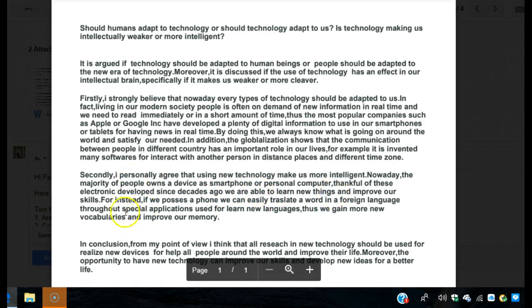"For example, or for instance, if we possess, with a double S, a phone, we can easily translate, with an N, a word in a foreign language through special applications used for learning new languages. Thus we gain more new vocabulary, with a Y, no IES, and improve our memory."